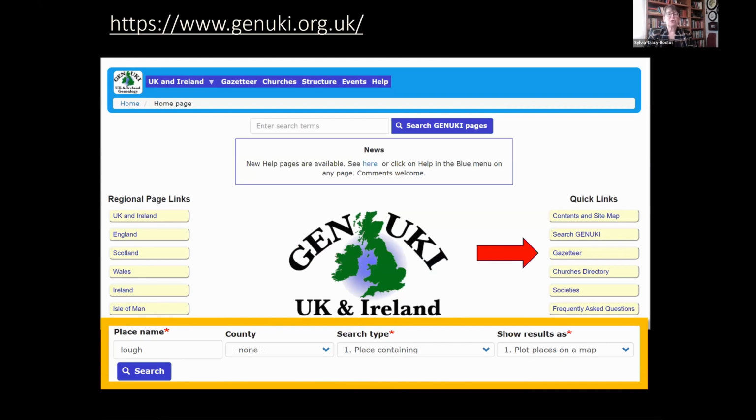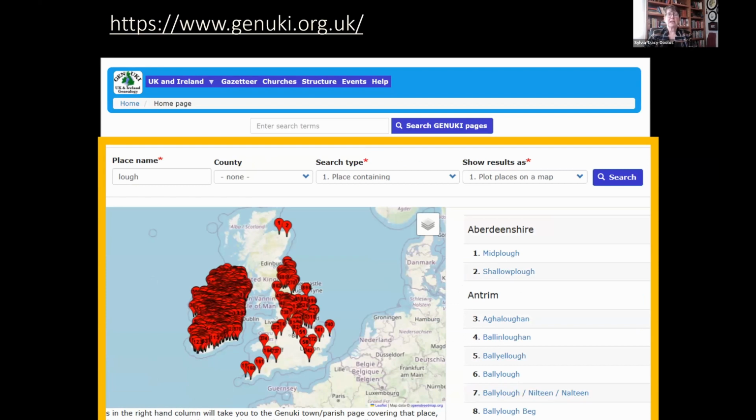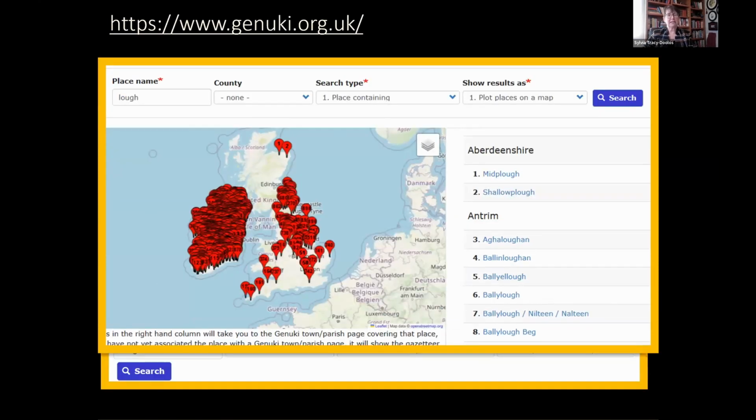I wanted to do just a broad search to see what would pop up for an example. So I put in "lough" down here because I know that's a term that is used throughout the UK in a lot of place names. And of course, I got a lot of place names.